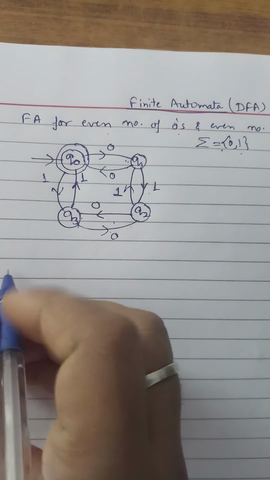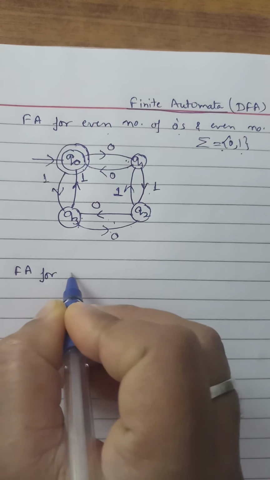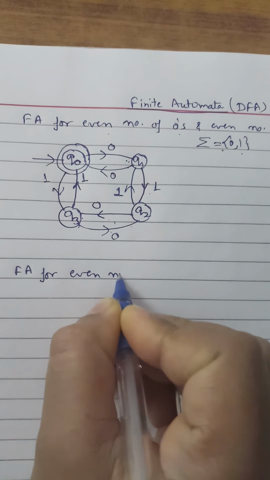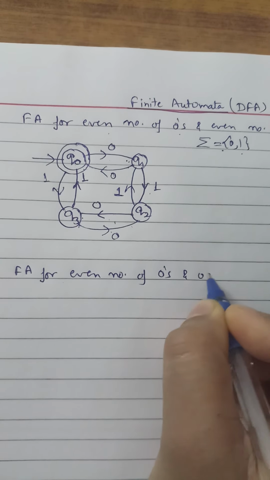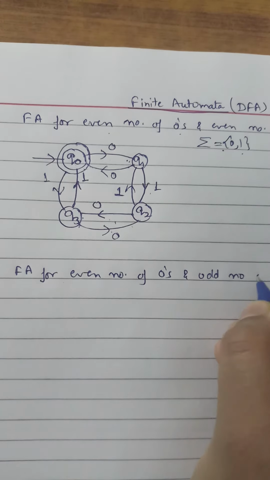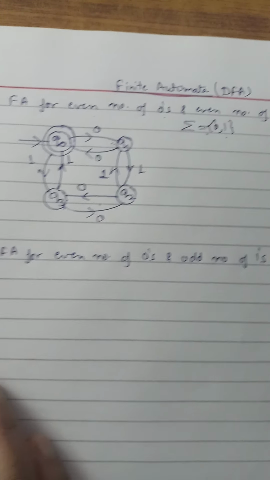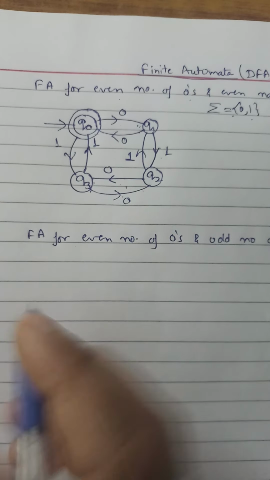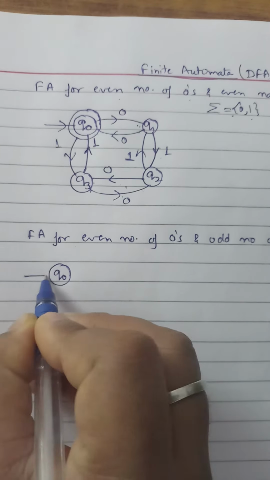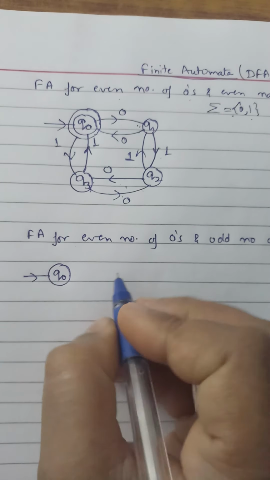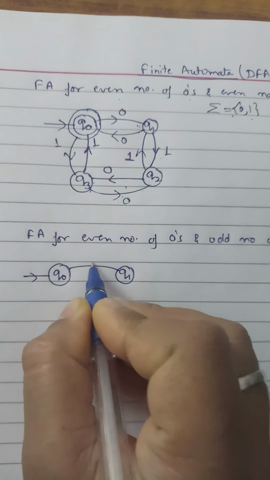Next, move to the finite automata for even number of zeros and odd number of ones. So we start with initial state Q0 and we will move from Q0 to Q1 with 0.